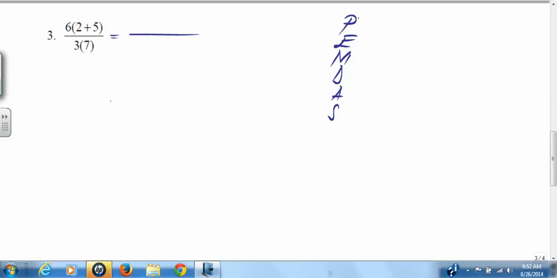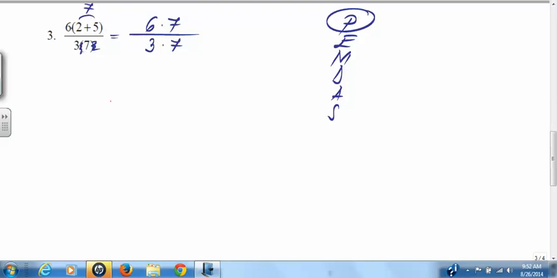We have parentheses, right? So let's do the parentheses. Well, on the top I have 2 plus 5, which gives me 7, and then you have to multiply 6 times 7. If you don't want to multiply it yet, you can just write it down. 6 times 7. Everything over what? Over 3 times 7. This parenthesis here is not needed. You just put it to, I don't know, trick you, to make you dizzy, confused, or whatever.